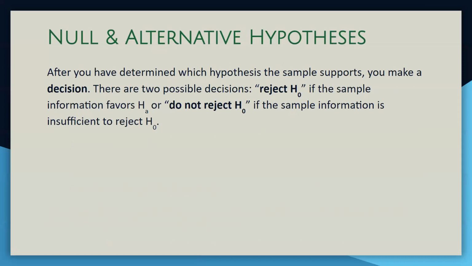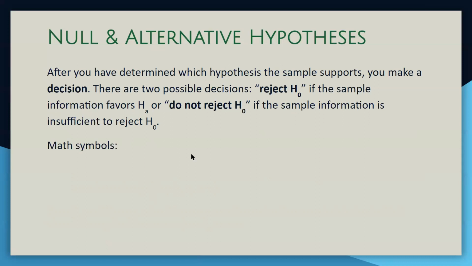So our decision is always looking at that statement of equality that we assume to be true. Is the sample different enough to reject that null? Or is the sample too close to that assumed value and we can't reject the null? We don't want to discuss the alternative until our very last step for conclusion.